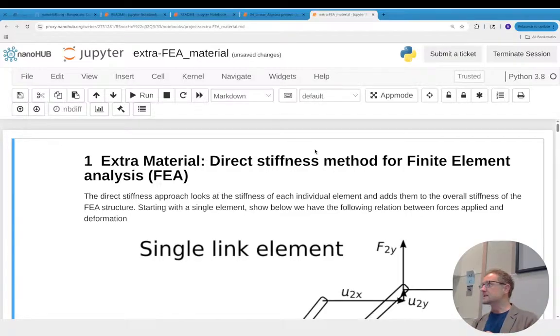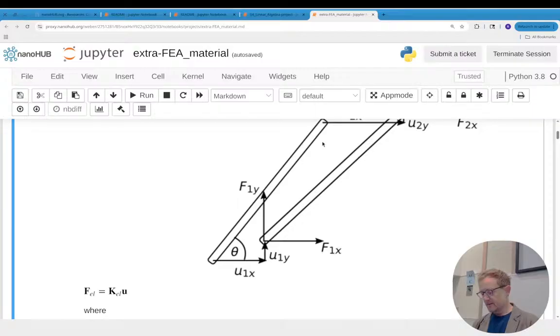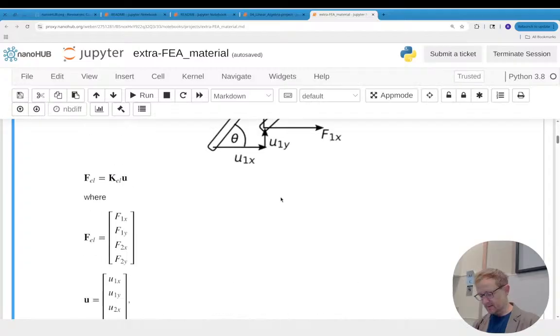That's what's in this extra FEA material: how to set up the stiffness matrix, and also how to solve and post-process. We're going to do the same stuff that's in this extra material, we're just not creating the user element and defining how stiffness affects all this.